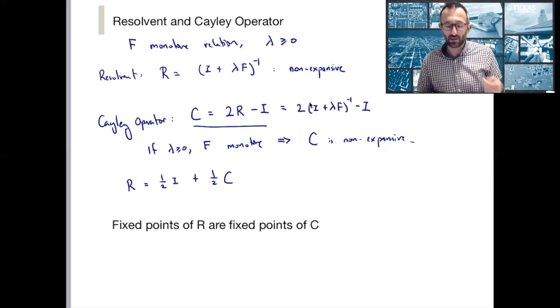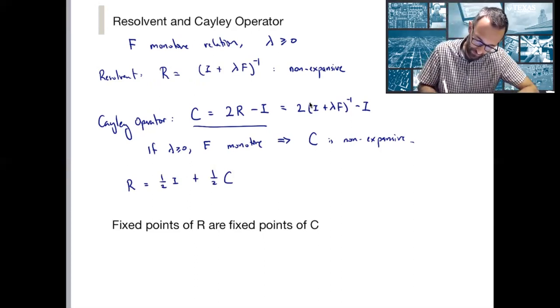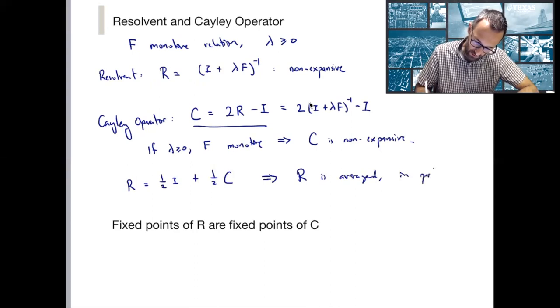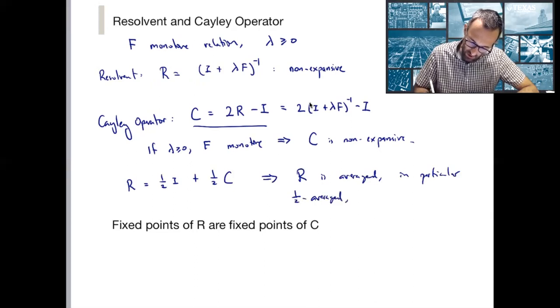And in particular, because it's averaged with alpha equals 1/2, there's a special term for this. It's called firmly non-expansive. R is averaged, and in particular 1/2 averaged, which is called firmly non-expansive.